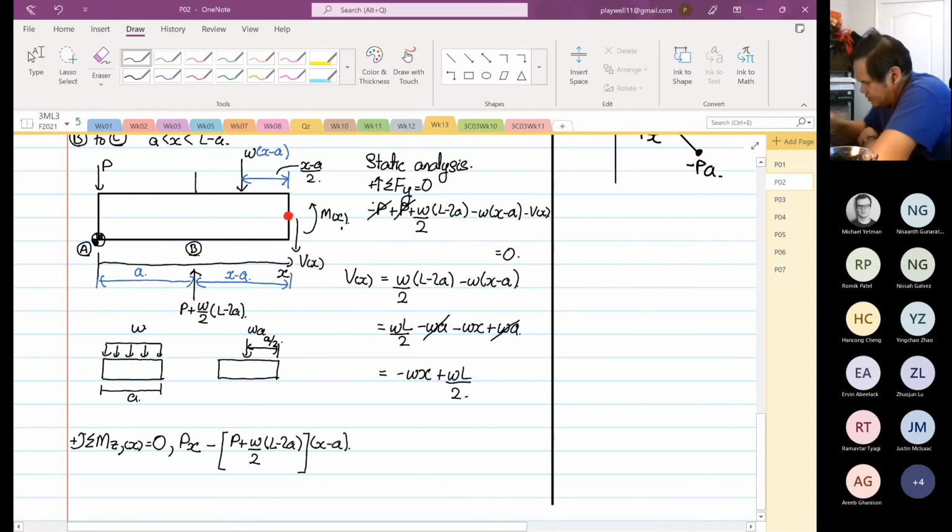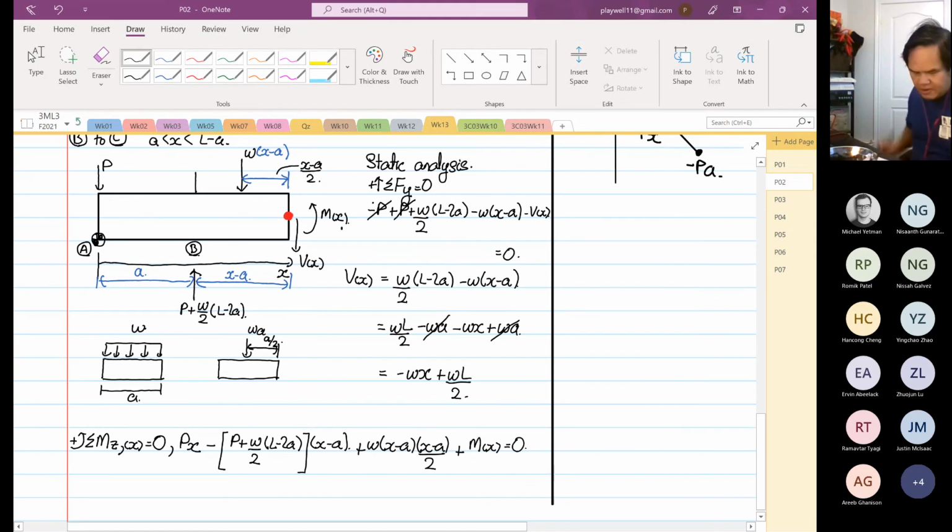And then the next one is plus omega x minus a multiplied by x minus a divided by 2. And then you do plus M as a function of x. Quite a long expression, but not impossible to solve.